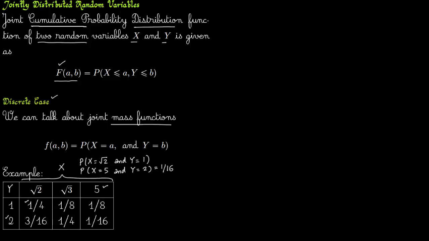Say you want to compute the probability that x is equal to root 3. What you do is you look at x equal to root 3 and add up the corresponding values for the variable y. There are two values here, 1 by 8 and 1 by 4. You add them up, 1 by 8 plus 1 by 4, and you get 3 by 8. What is the probability that y is equal to 1?